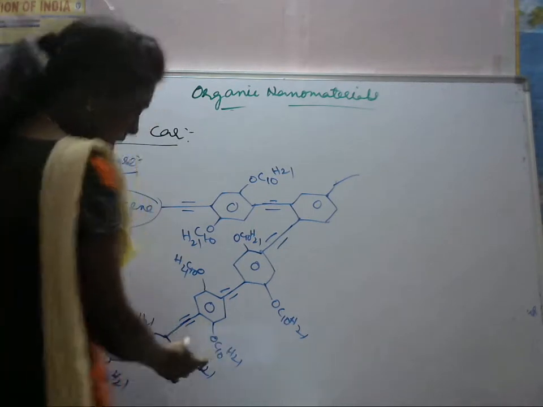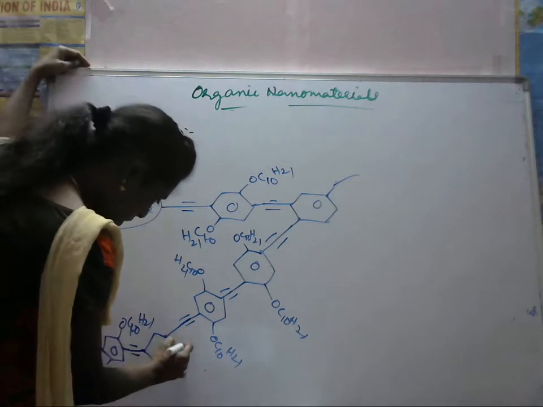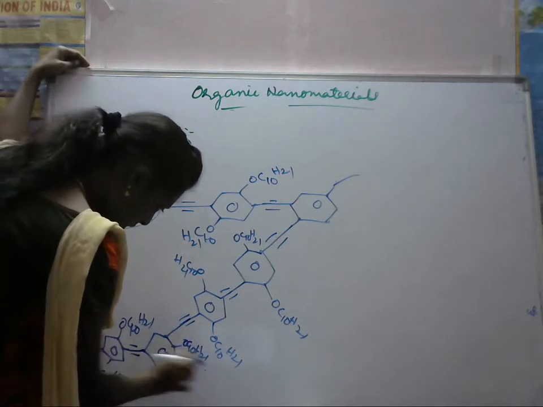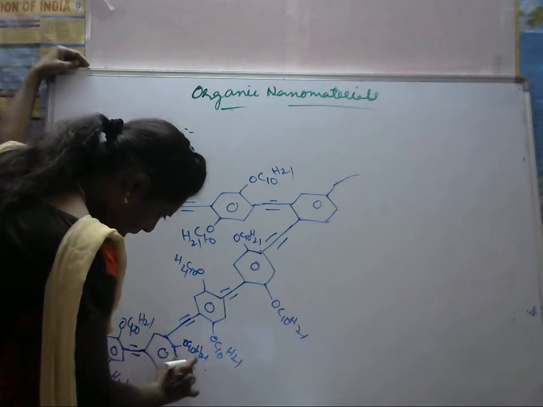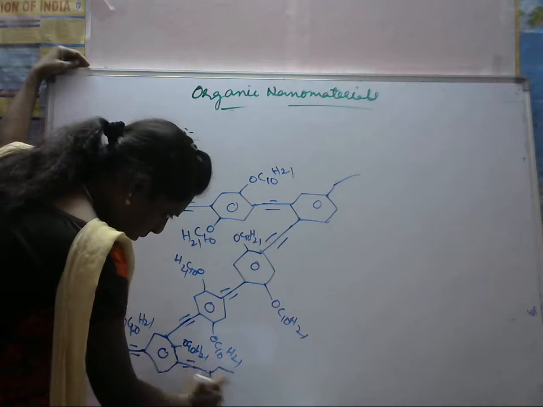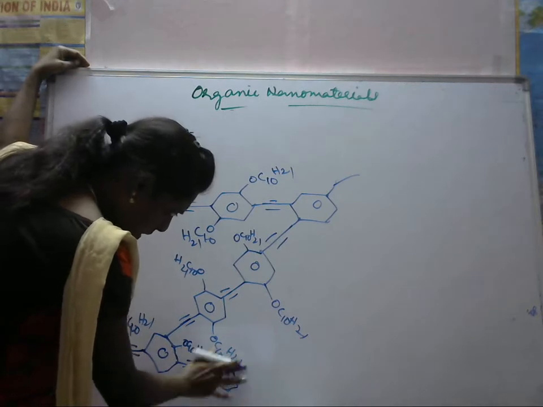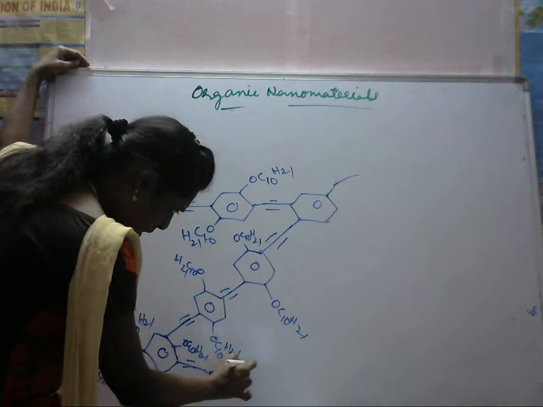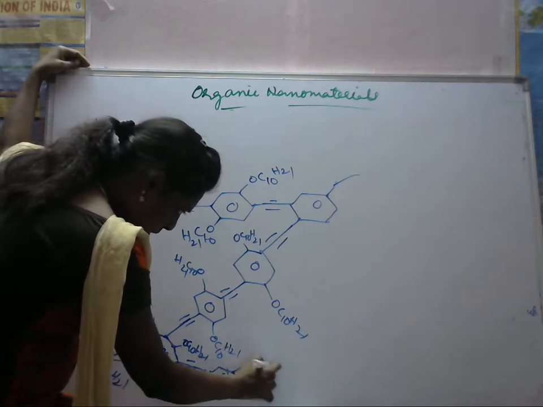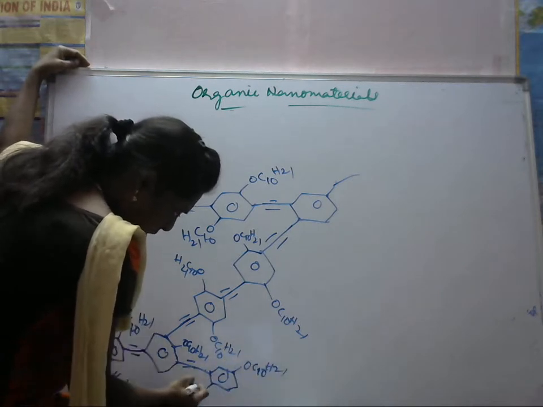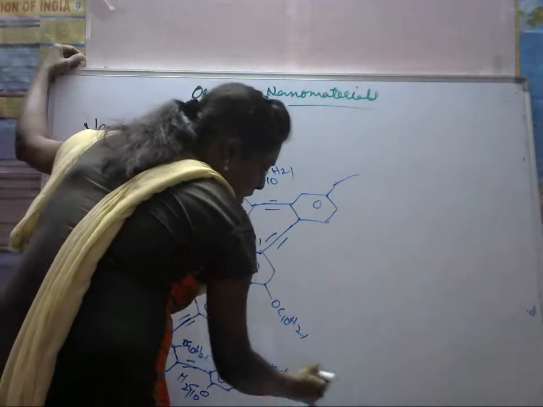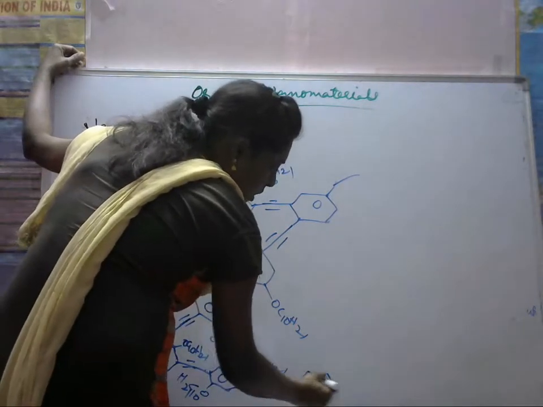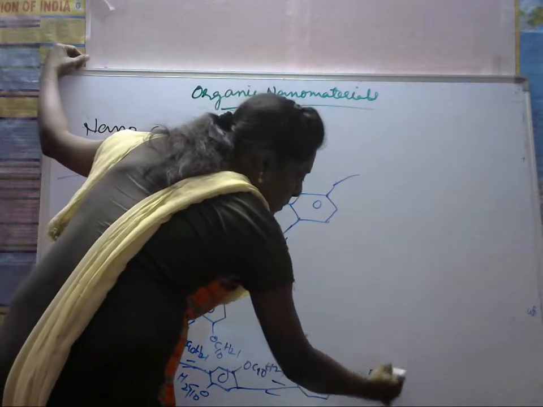This end is attached to one more, this one. Here OC10H21 is there, and here OC10H21 will be there. Again it is attached to another molecule, and it is attached to fullerene.